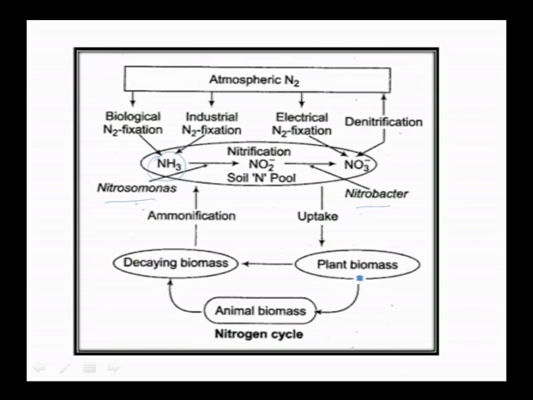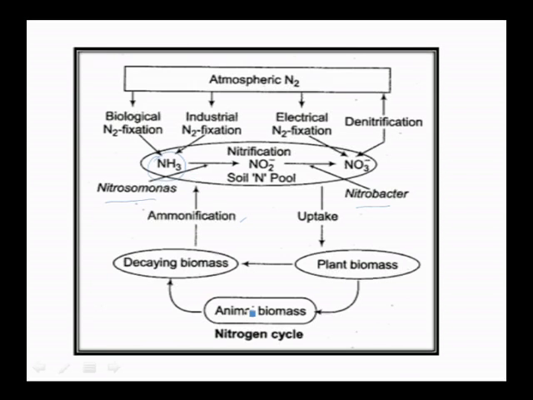Now the nitrogen present in the biomass enters into the animals in the food chain. The death of animals forms decaying biomass, and in the same manner plant biomass also converts after death into decaying biomass which contains nitrogen. This nitrogen is released into the atmosphere in the form of ammonia, a process called ammonification.